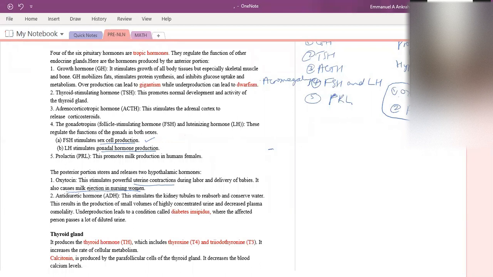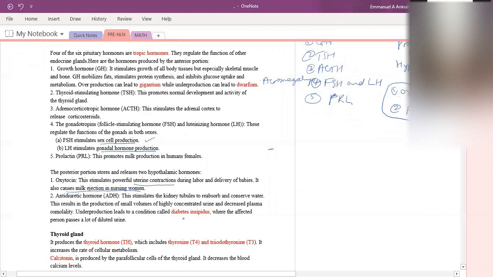Underproduction will lead to what we call diabetes insipidus, where the affected person passes a lot of diluted urine. So that's an abnormal condition whereby the person does not produce enough ADH. So they're losing a lot of water, called diabetes insipidus. Remember, this is different from diabetes mellitus.